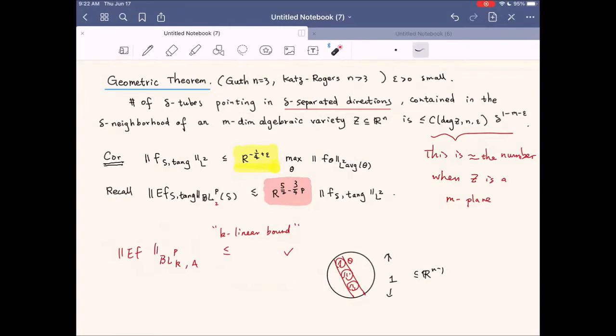In other words, if we know how to do polynomial partitioning in higher dimensions, we can avoid using Cordoba and the bilinear theorem. That will be another technique in higher dimensions.